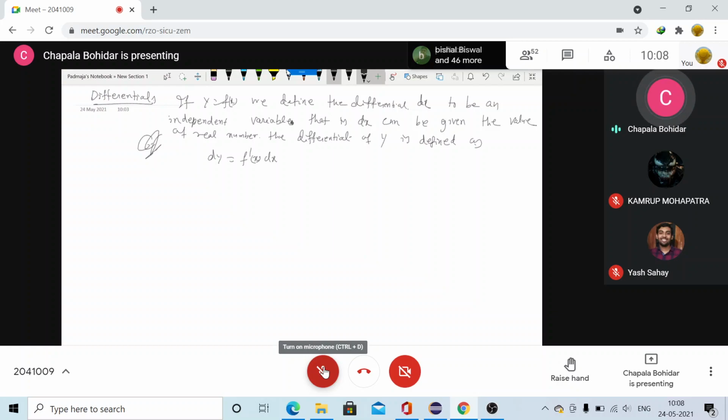Now we come to functions of two variables. That is, z is a function of two variables, say x and y. We say x and y are the independent variables, like in the first case where x is the independent variable and dx also is an independent variable.